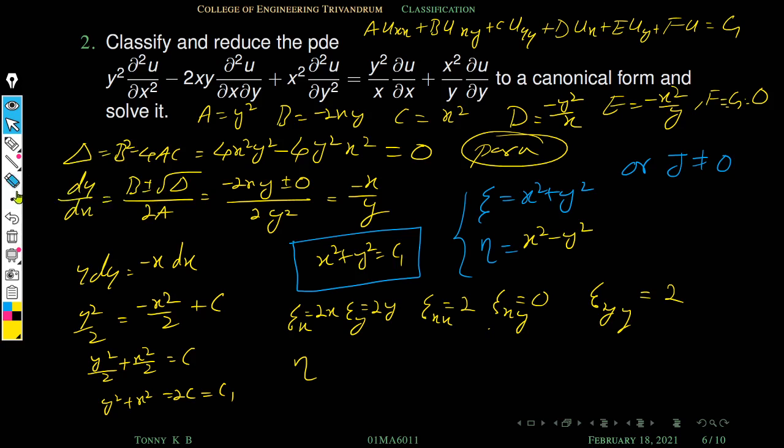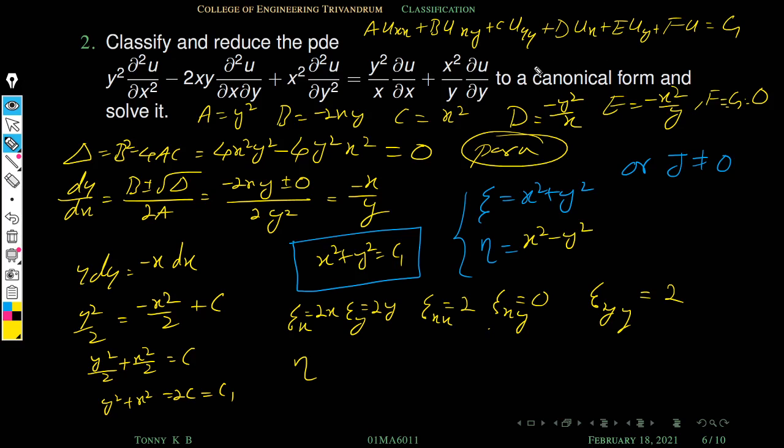So after simplification, after substituting all these values in this given equation, first of all we have to write the standard form. In the standard form we identify a, b, c, d.